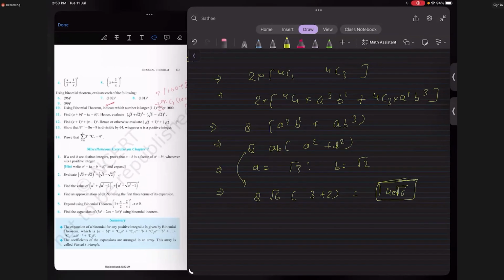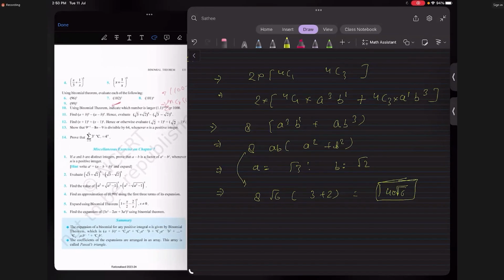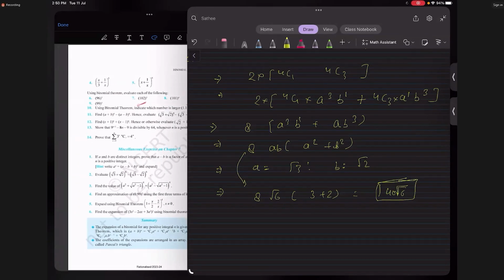Similarly, in the 12th part also, you have to think of (x + 1) to the power 6 plus (x − 1) to the power 6.